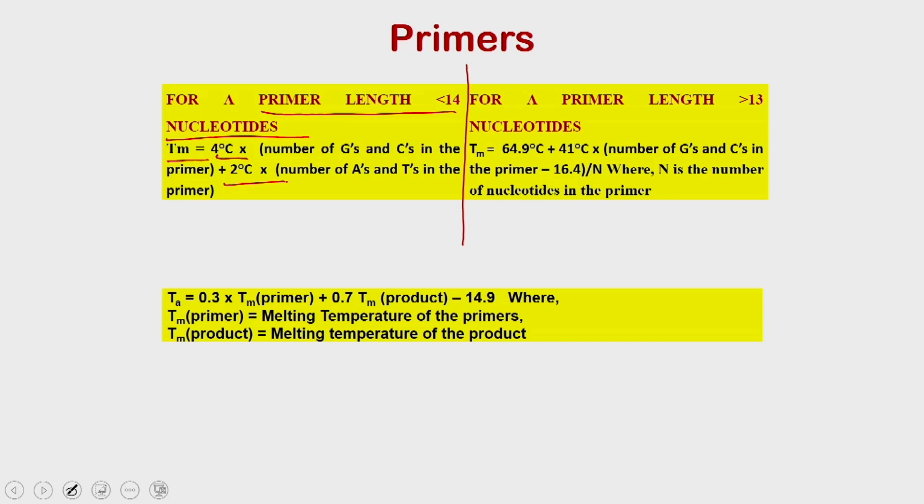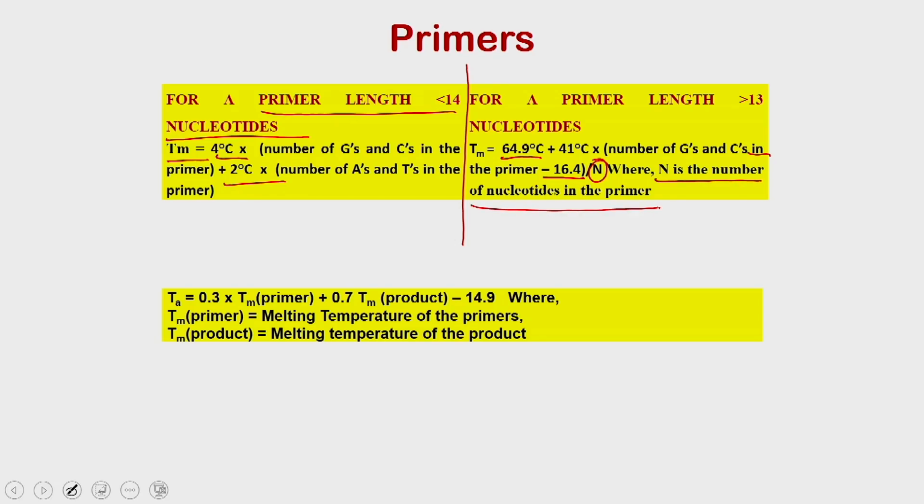Similarly, if it is more than 13 nucleotides, then the TM is 64.9 plus 41 degrees Celsius into the number of GCs in the primer minus 16.4, divided by N, where N is the number of nucleotides present in the primer.